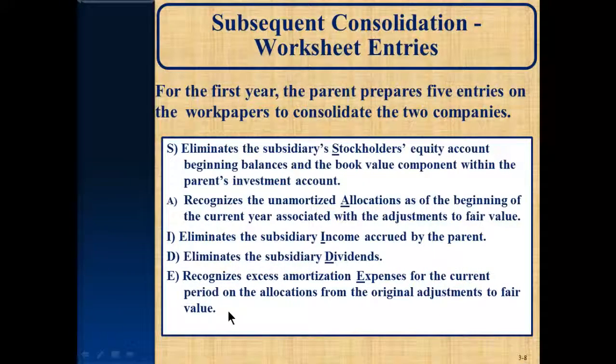Okay. Worksheet entries in your textbook, they give this SAID, S-A-I-D with the E on the end of it. They use this as standard nomenclature throughout the book. Now, I'm not going to be a stickler on this.